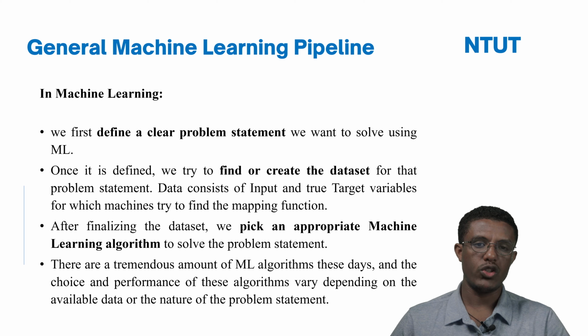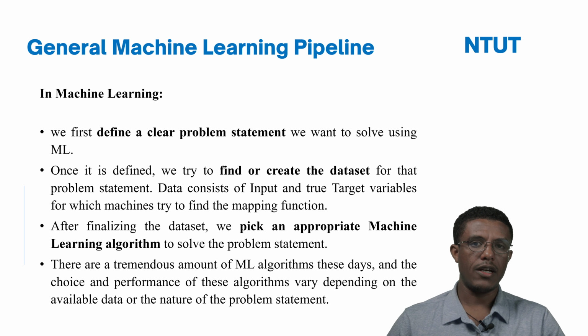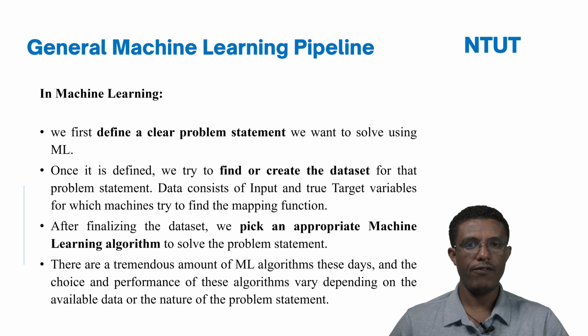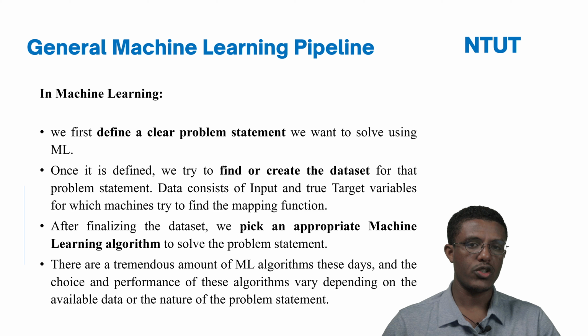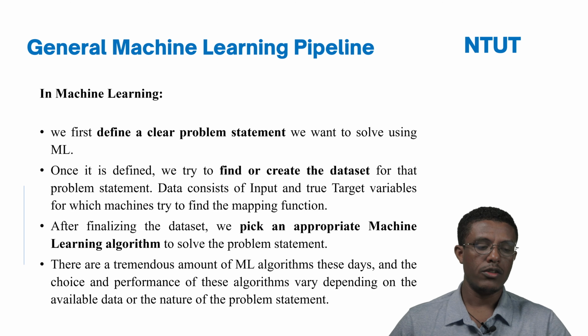Before selecting the algorithm, we should identify what type of problem we need to solve using that algorithm. The next step is creating the data set from that problem. Then, based on that data set, we decide which machine learning type can be selected, because the data has an effect on selecting the appropriate algorithm. So these are some of the steps.